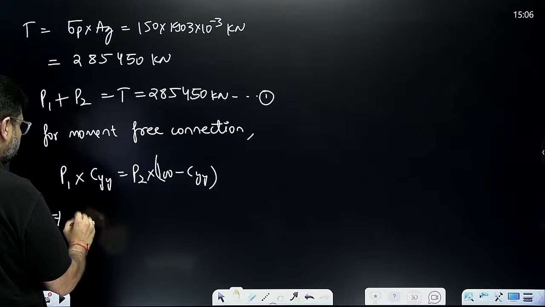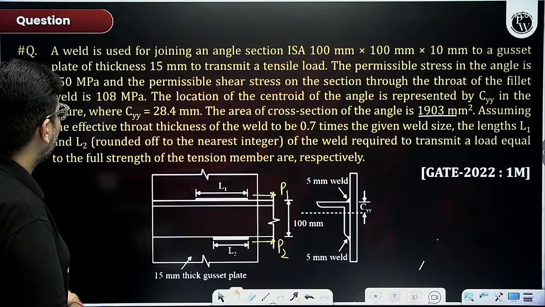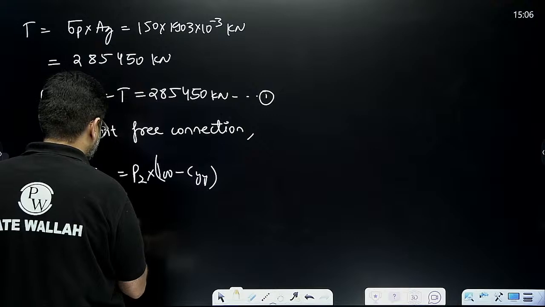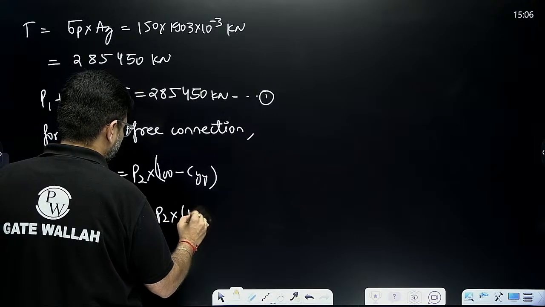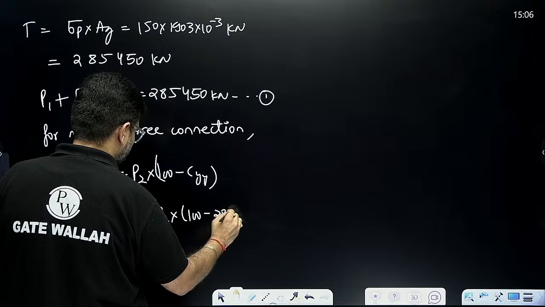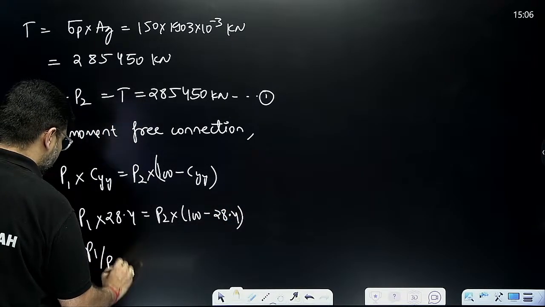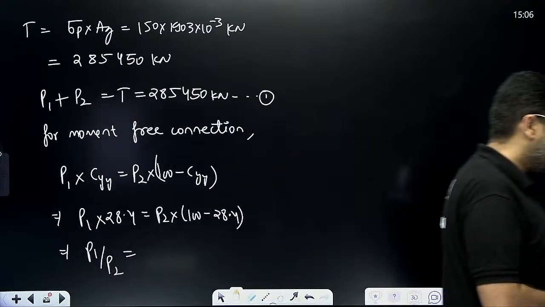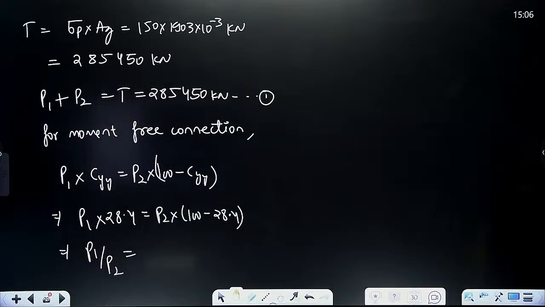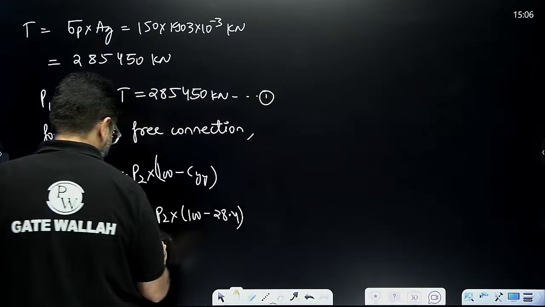This implies P1 into CYY, CYY is how much? 28.4. P2 into 100 minus 28.4. This implies P1 by P2 ratio. So from here I can solve P1, P2. How much are you getting for P1, P2? That is 71.6 by 28.4.